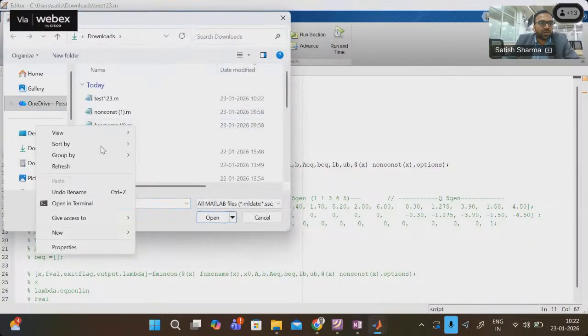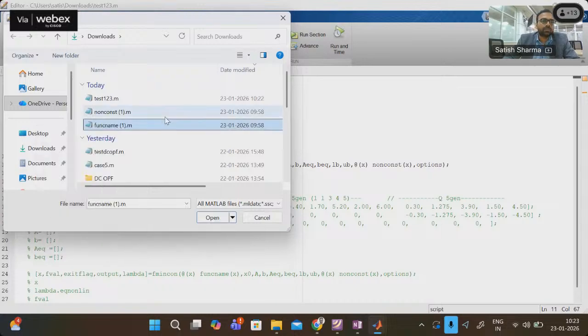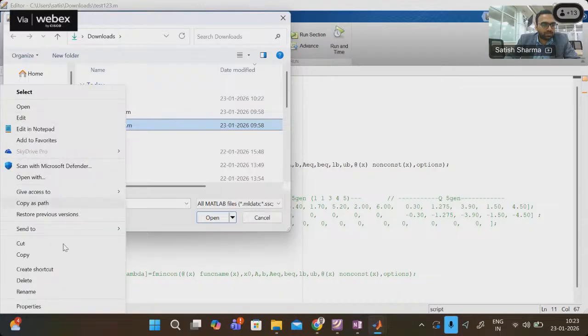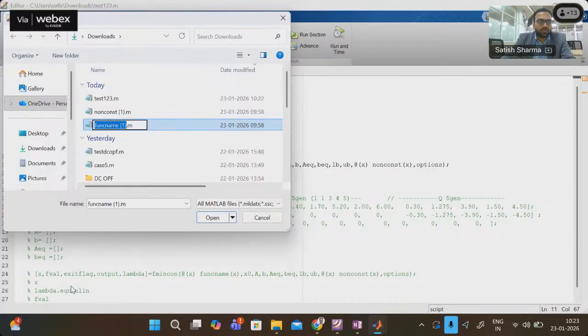So let's say the function is dc. Okay, this is the name I have given, and let me open it.